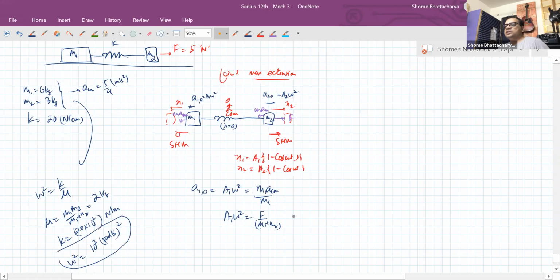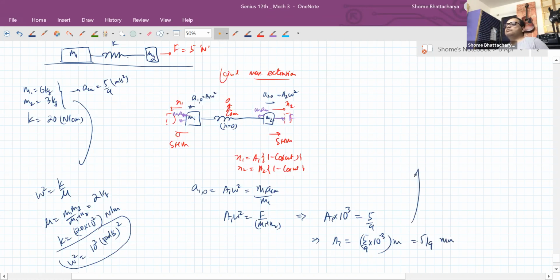Okay. So from this we can see that A1 into 10 raised by 3 is equal to F upon M1 plus M2, which was 5 by 9. So A1 is 5 by 9 into 10 raised by minus 3 meters, or 5 by 9 millimeters.